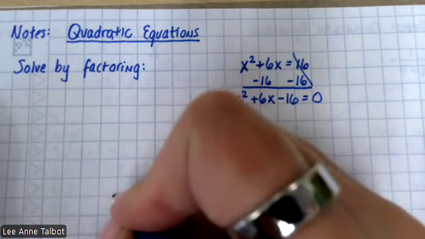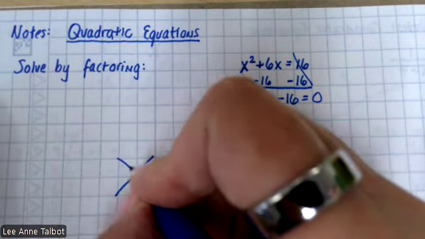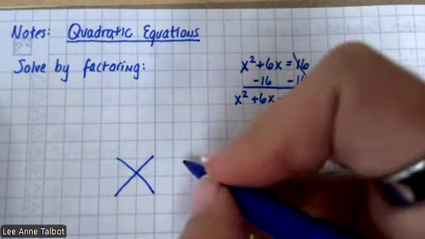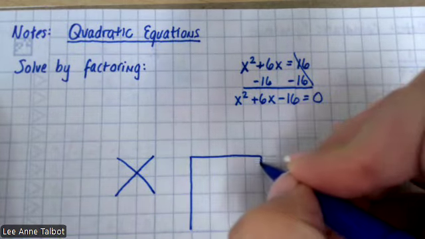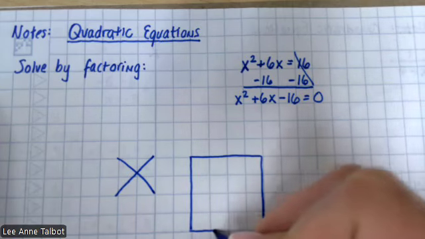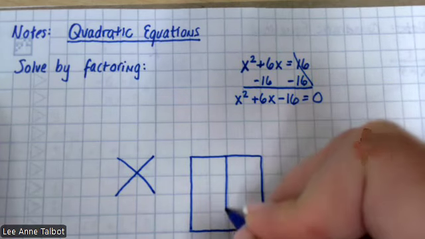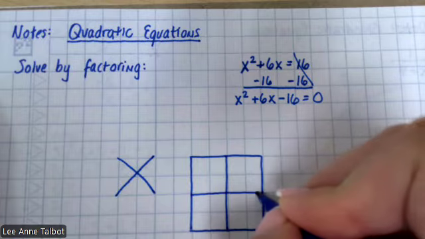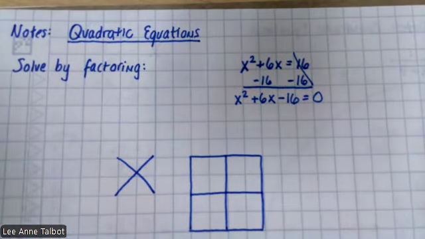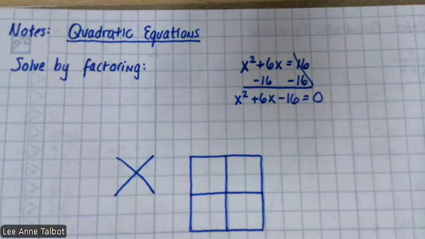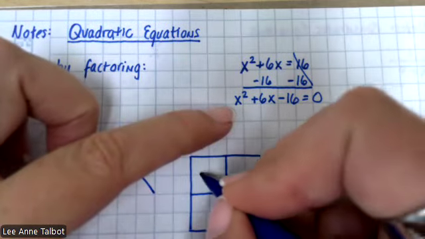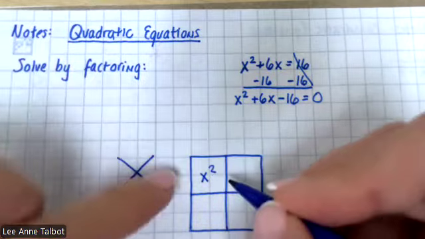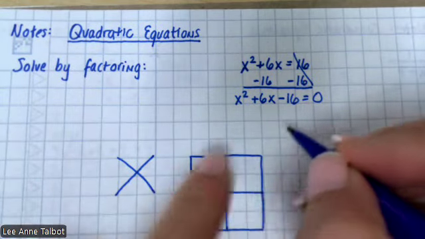Okay, this is a box and diamond problem. To remind you, the x squared, the first term, goes in the first box.